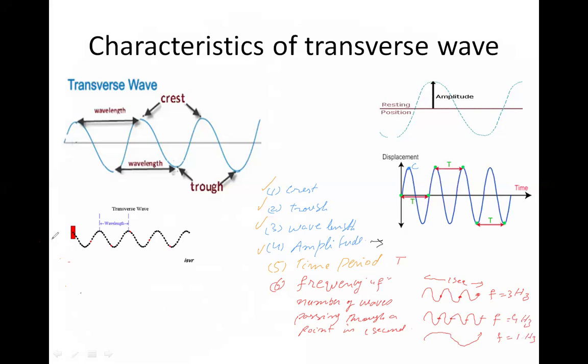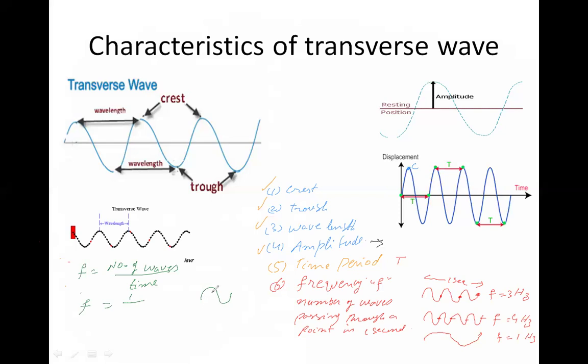Now look, what is the formula for frequency, please? Frequency is the number of waves over time. Let's take the special case of one wave. Look at this one, how many waves? 1.